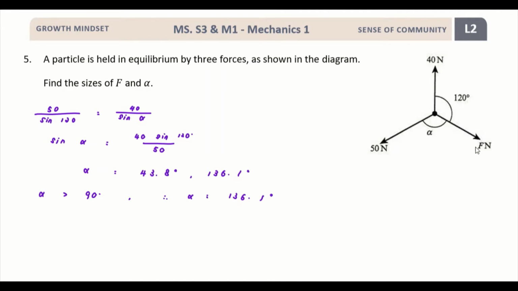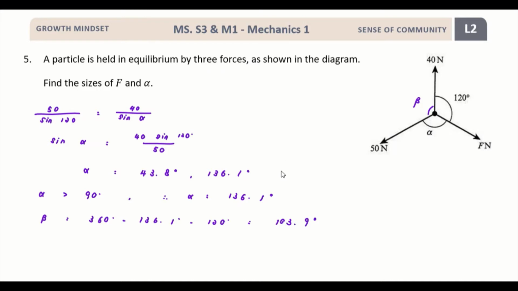Okay, so by having this, what we can move on to now is that we have our alpha. If we denote this as our beta, we can find our beta now, right? So our beta will be just equal to 360 minus 136.1 minus 120, and that gives us 103.9.